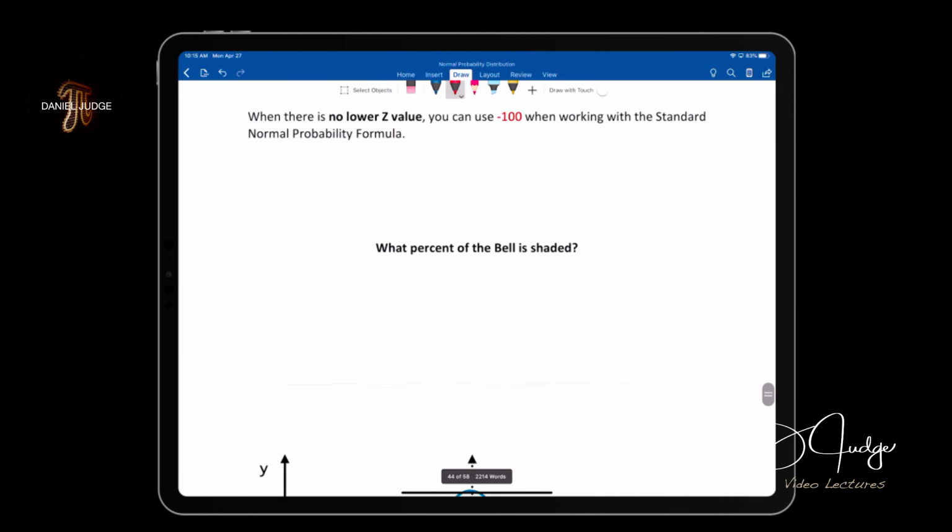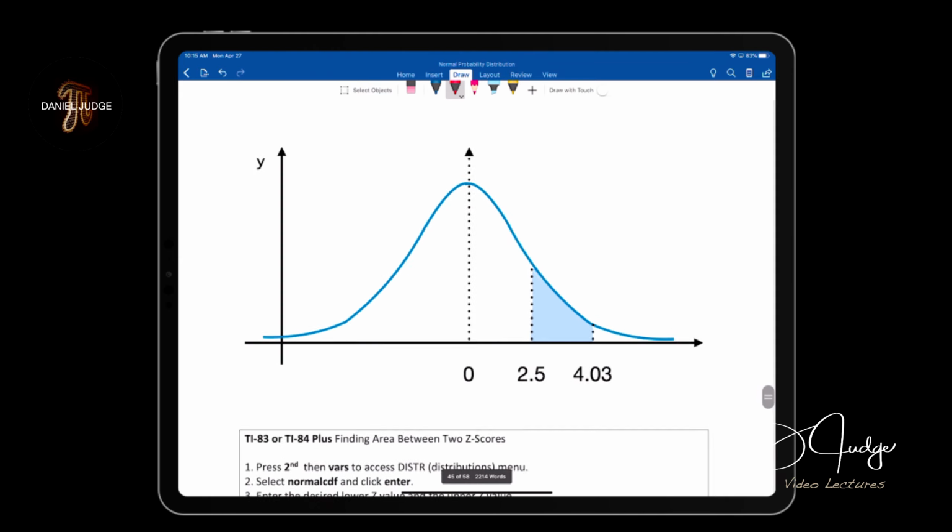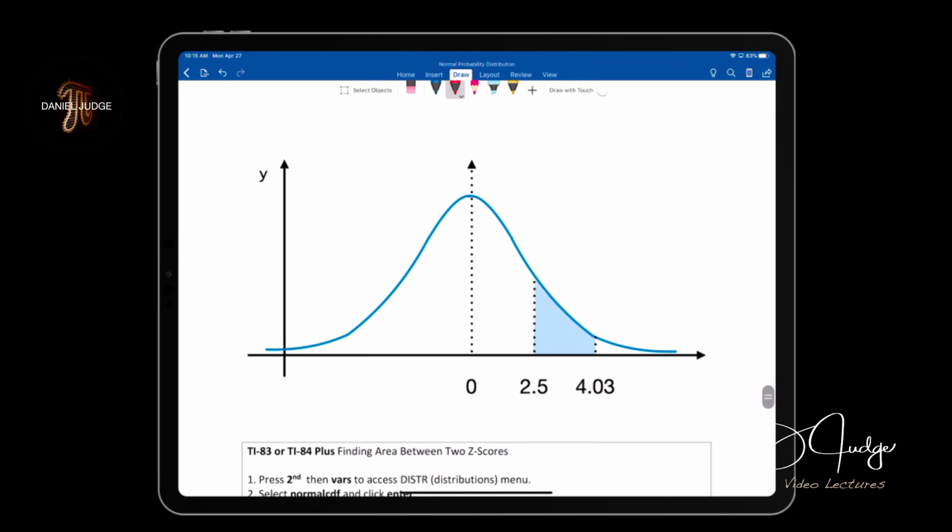I have another left tail. And let's try something like this to show you guys. Because I don't have a right tail anymore. I have a lower bound value. And I have an upper bound. This is not a tail situation. This doesn't involve that infinity stuff.